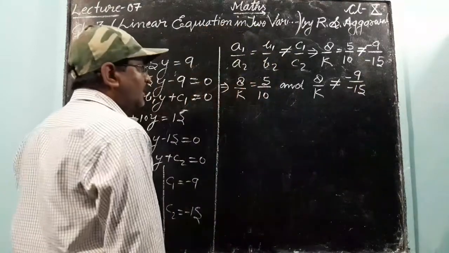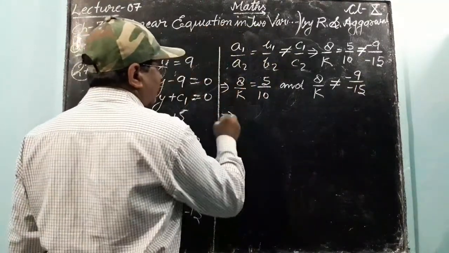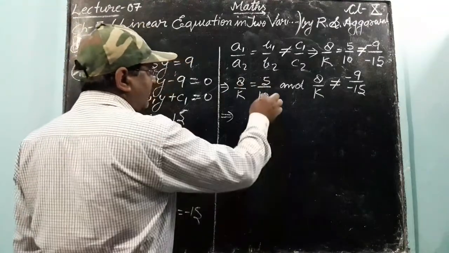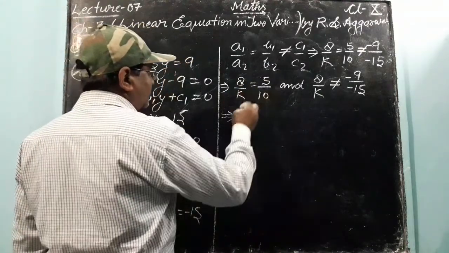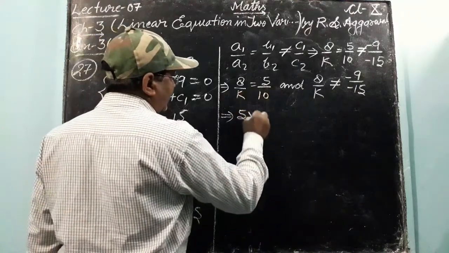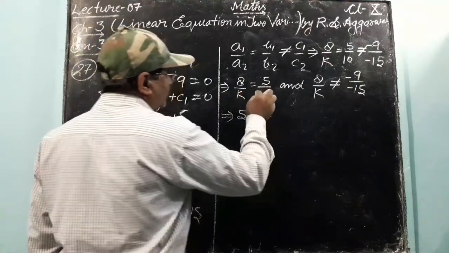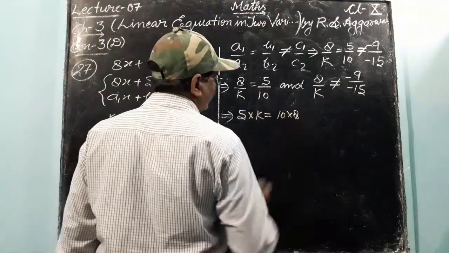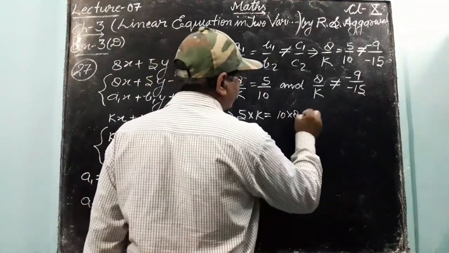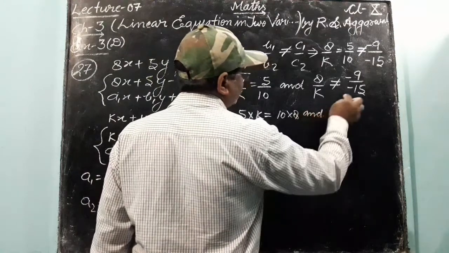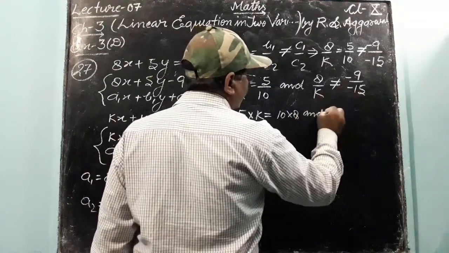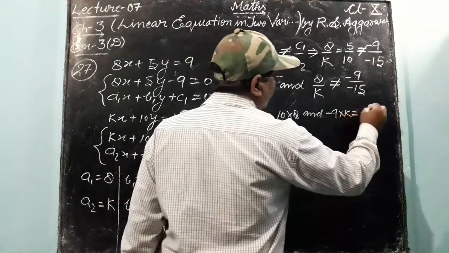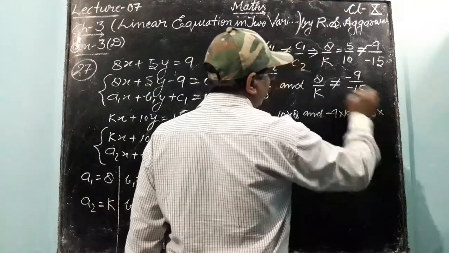Now do the cross multiplication, and then you will get 5 into k is equal to 10 into 8, and minus 9 into k is equal to minus 15 into 8.